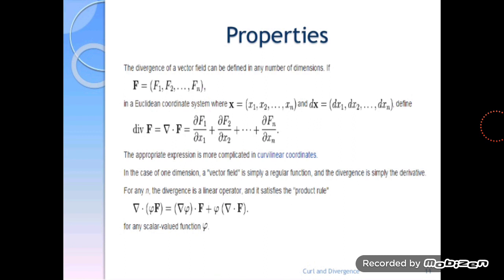So del dot f can be written as del f1 upon del x1 plus del f2 divided by del x2 up to del fn divided by del xn.